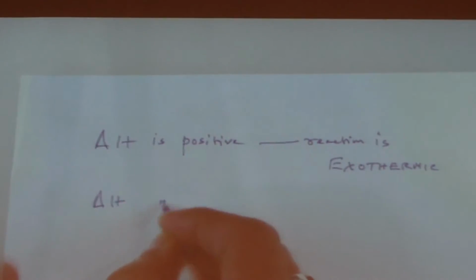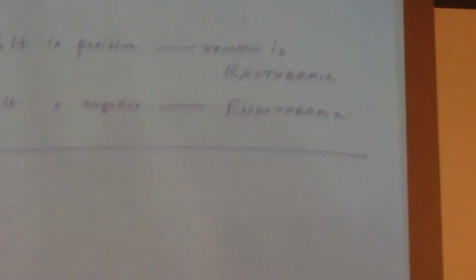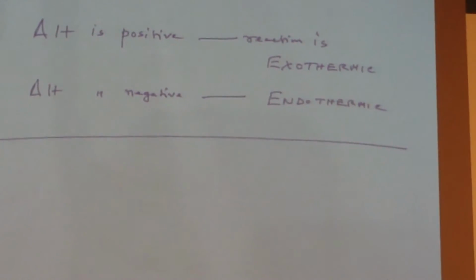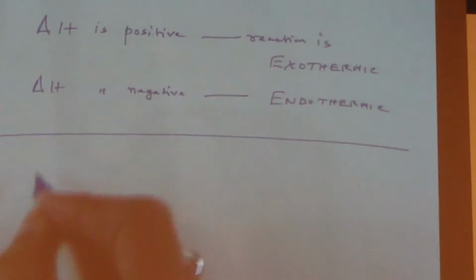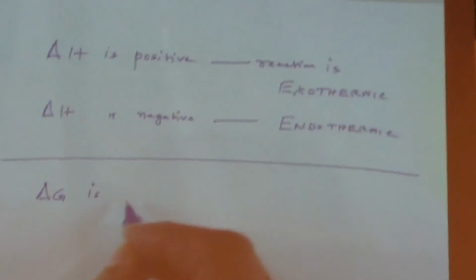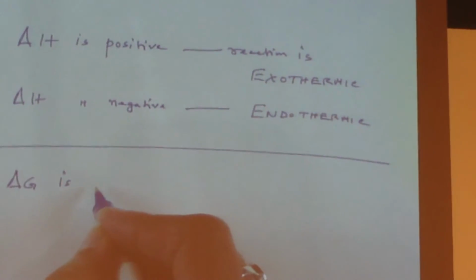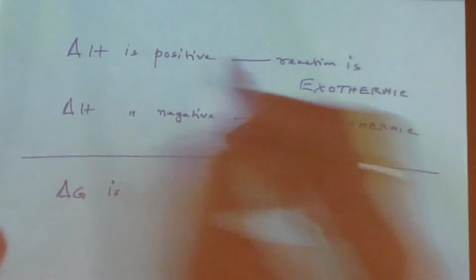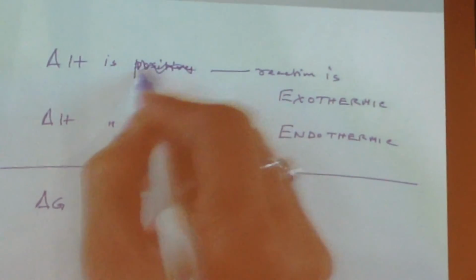Delta H is negative, the reaction is endothermic. Similar expressions are also used with respect to the Gibbs free energy. Delta G is, sorry, this is the other way around.